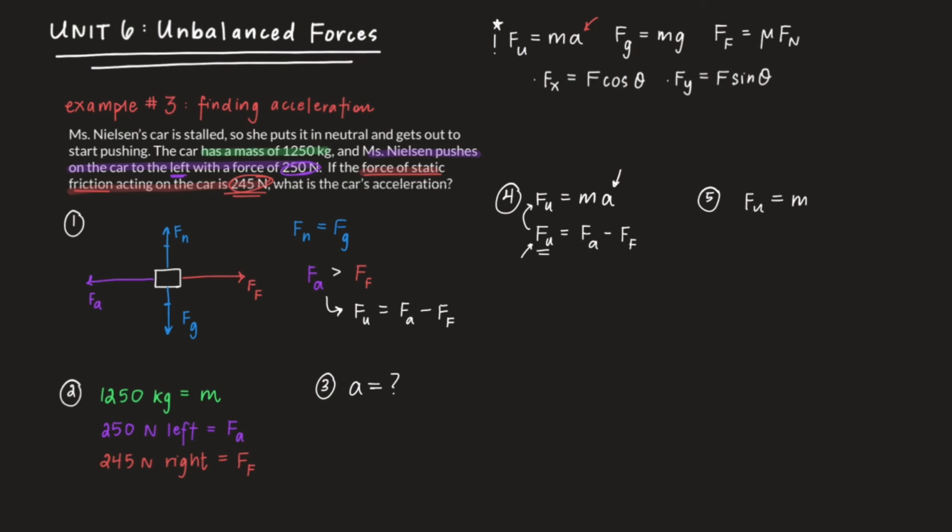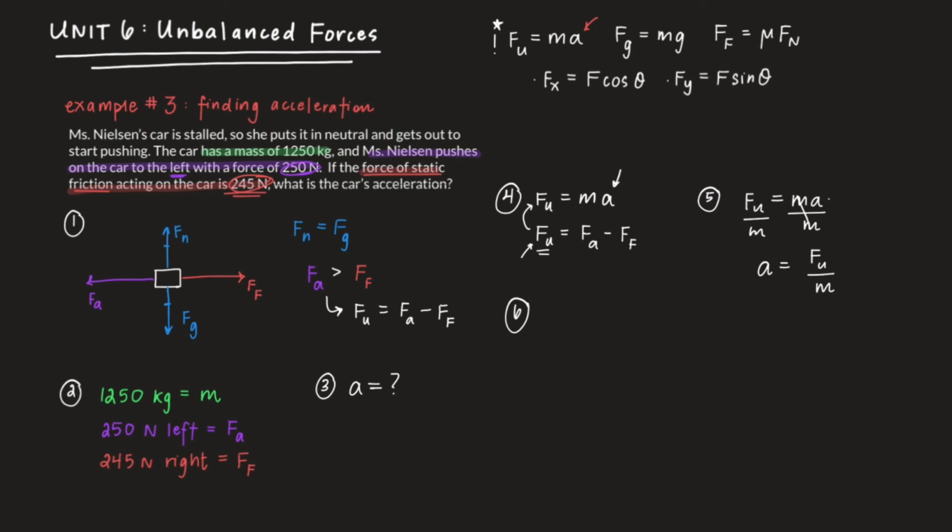So I want to rearrange it so that acceleration is by itself. So I want to move the mass over to the other side. So I'm going to divide both sides by the mass. It cancels there on the right side. And I'm left with that the acceleration is equal to the unbalanced force divided by the mass. Unbalanced force divided by mass.